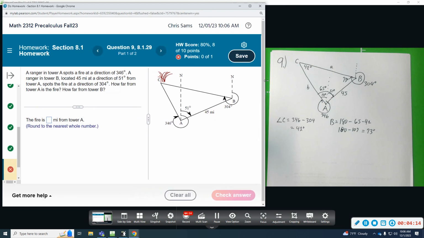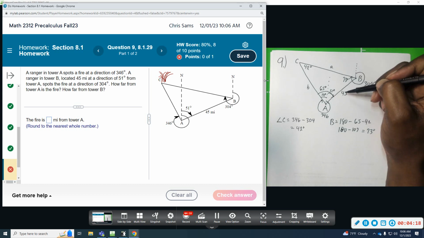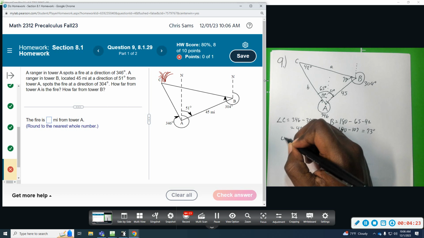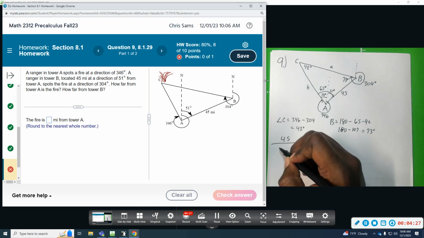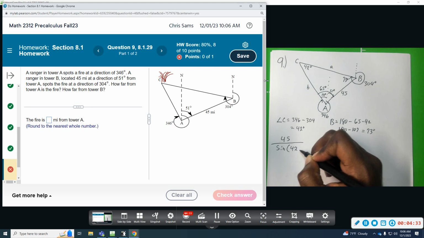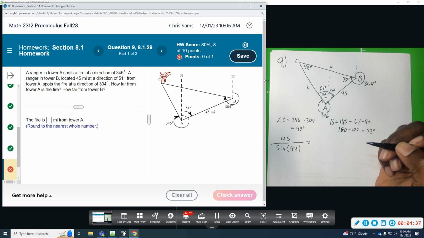Okay, once we get those angles, then we can use the law of sines. We were given side C, so I'm going to use side C, which is 45, over sine of angle C, which we figured out is 42. And we're going to set that equal to either one, it doesn't matter.